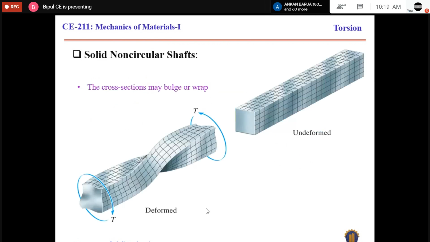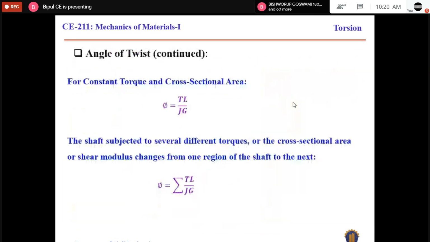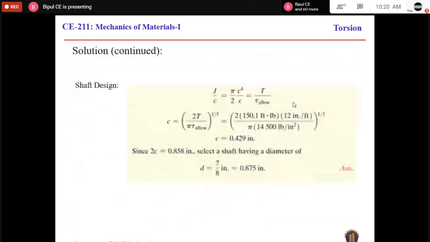But in the practical field, the structure may not always be circular. It may be non-circular. So for a non-circular structure, what will be the torsional formula? Look at the figure. For the torsion of the circular shaft, go to the slide at the very beginning.